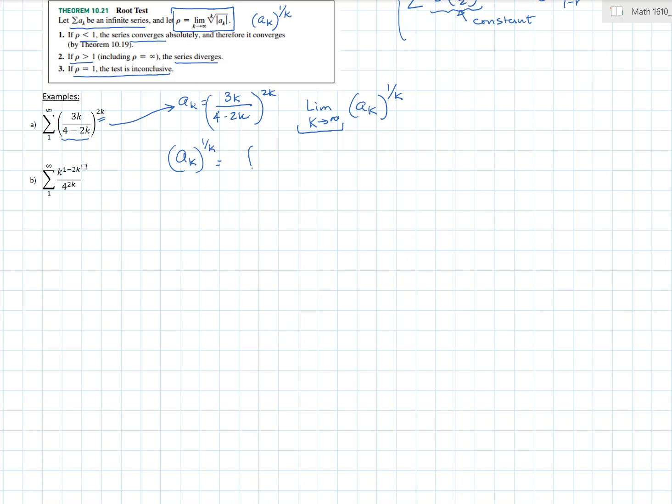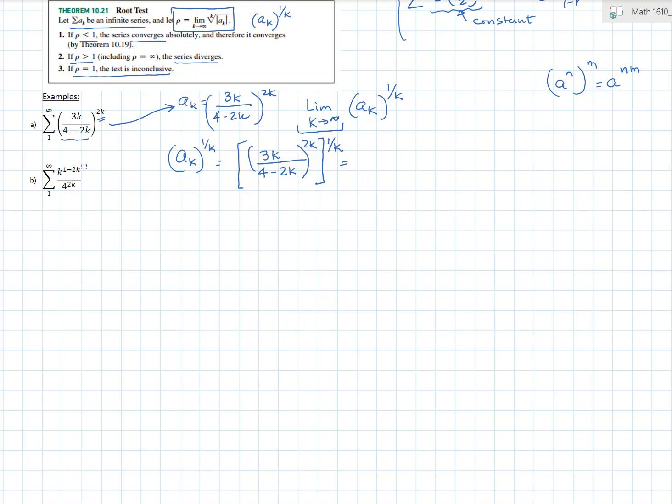So what is that? Well, 3k over 4 minus 2k raised to the power 2k, and then raise this whole thing to the power 1 over k. We know that a raised to the power n and then raised to the power m is a raised to the n times m.